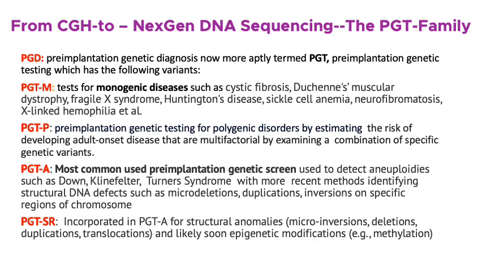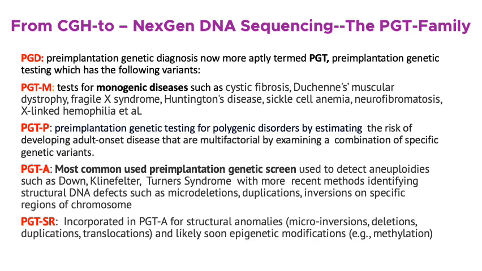It was a long-term laborious process. Next-gen sequencing changed that all with instrumentation that allowed you to do rapid, high-throughput sequencing of DNA. So here we've gone from, for IVF, from competitive genomic hybridization to next-gen sequencing. And that resulted in a family of pre-implantation genetic testings that were available.